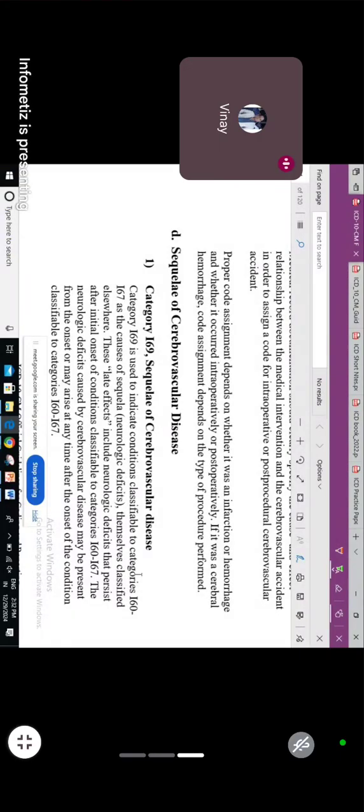Now after 6 months he is coming to the hospital again, not for stroke. Stroke is already gone, cleared, treated. Now he is coming for this paralysis treatment. So paralysis will be considered a late effect of a cerebrovascular disease. Correct?